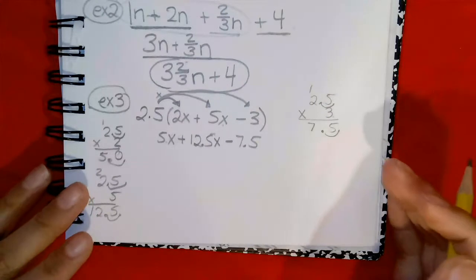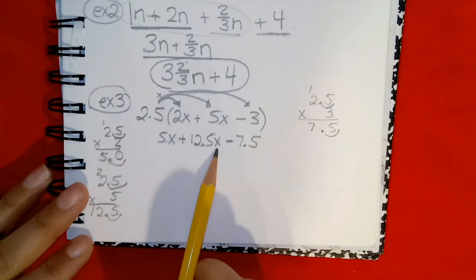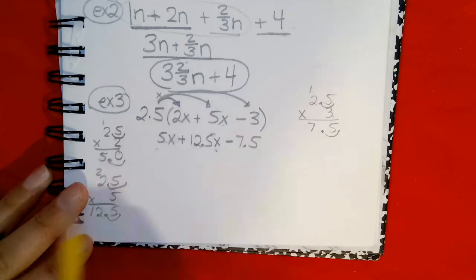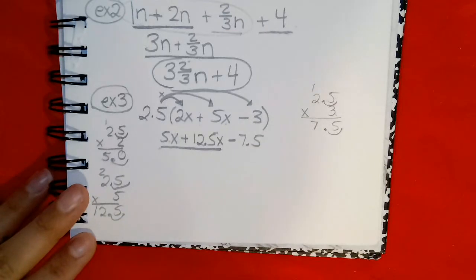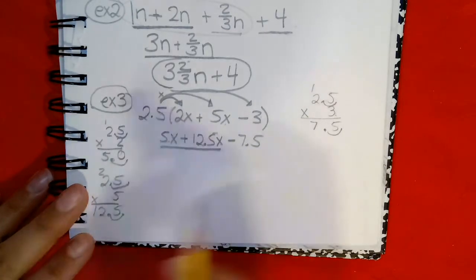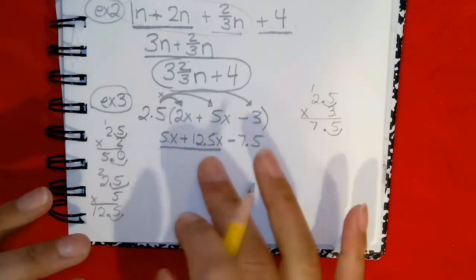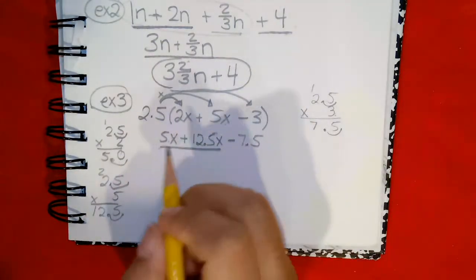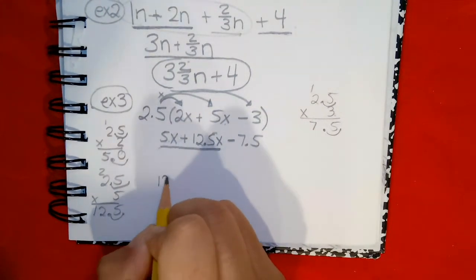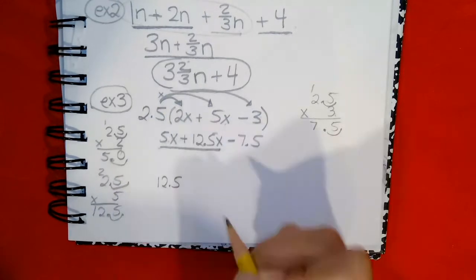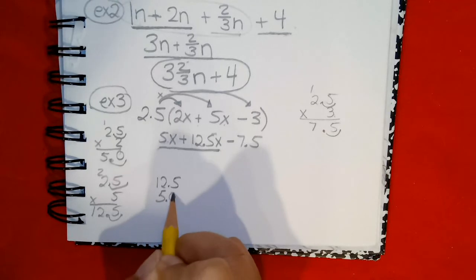I'm still not done yet. I distributed, but look, I still have 2 x's here. So that means that these two are like terms. So I have to combine the 12 and 5/10 and the 5 so that I only have 1 x in there. I don't want to have 2 like terms, okay? So remember, this is a whole number 5. So when I add this, 12 and 5/10 plus 5, I can write as a decimal, right?